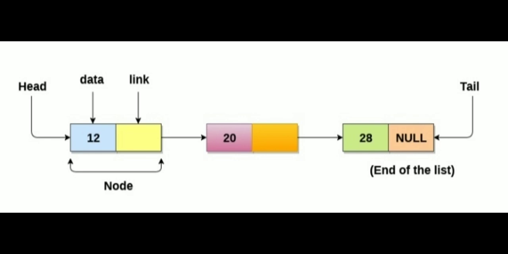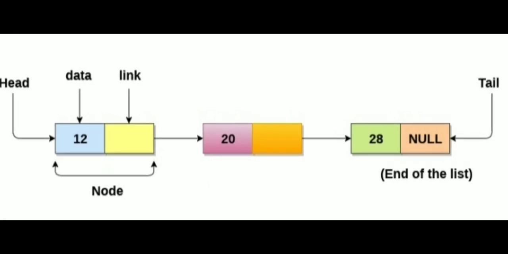See here, the first node has 2 pieces of information, data and the link. Here the link has the address of the second node. The address is shown using an arrow. This points to the 20th element, and this may have some address to the next element. Look at the last node: it has the address of a null value.